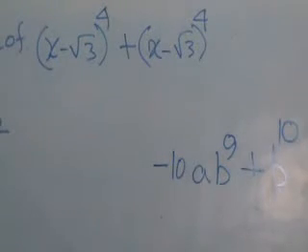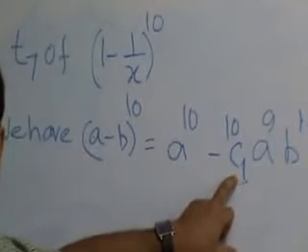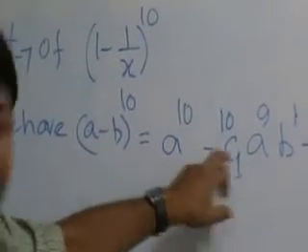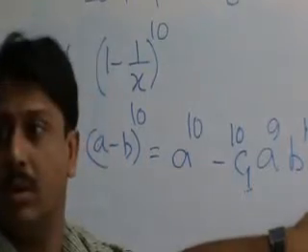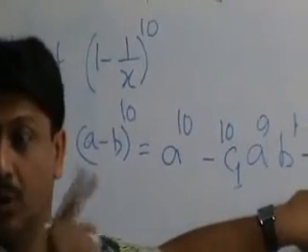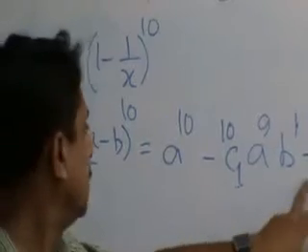Now if you have to find the general term, then if you actually see, whatever is here is coming as a power of that. Just see, if this is 1, then minus 1 to the power 1 is minus 1. If this is 2, see 10C2, then minus 1 to the power 2 is plus, so it becomes plus.